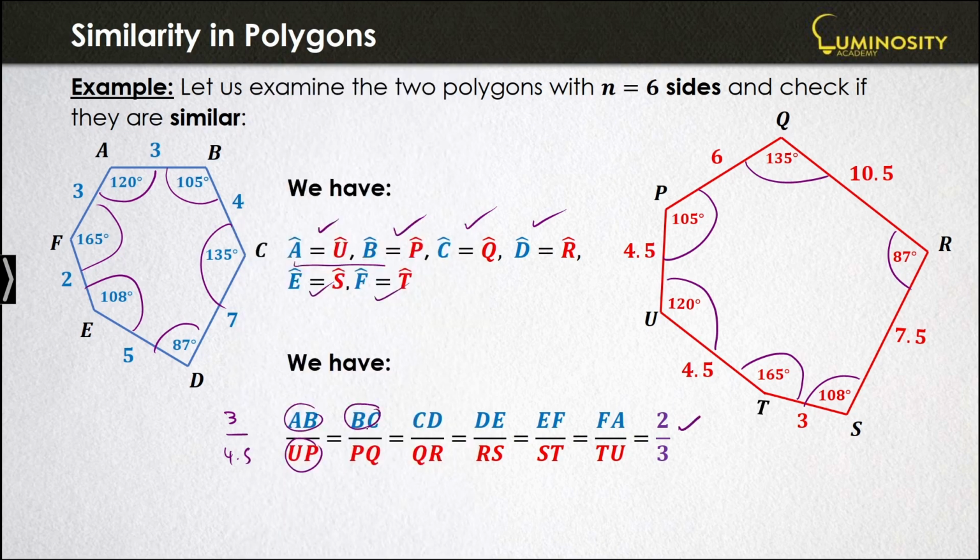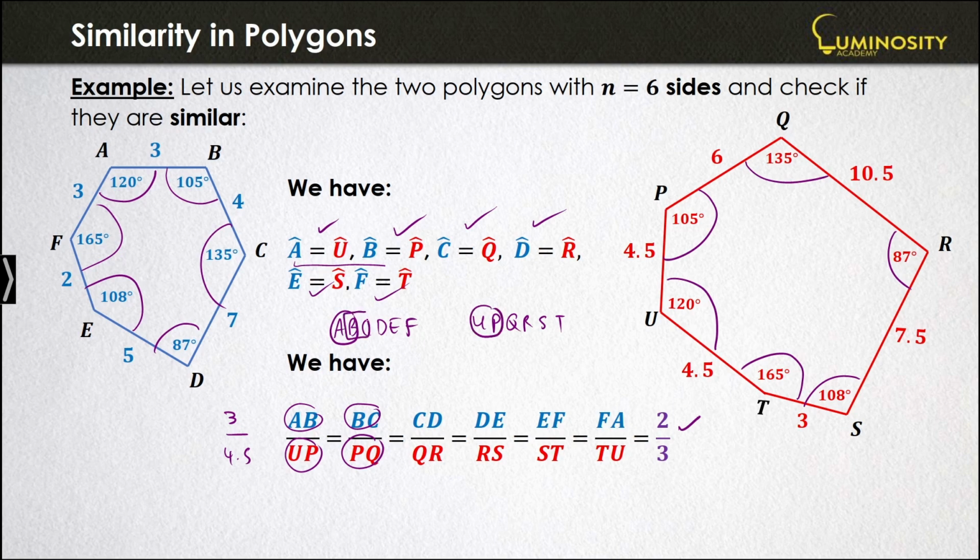Then if I look at BC over PQ, keeping in that order, I read one as A, B, C, D, E, F, and the other as U, P, Q, R, S, T. We've seen that AB divided by UP gives us 2 over 3.